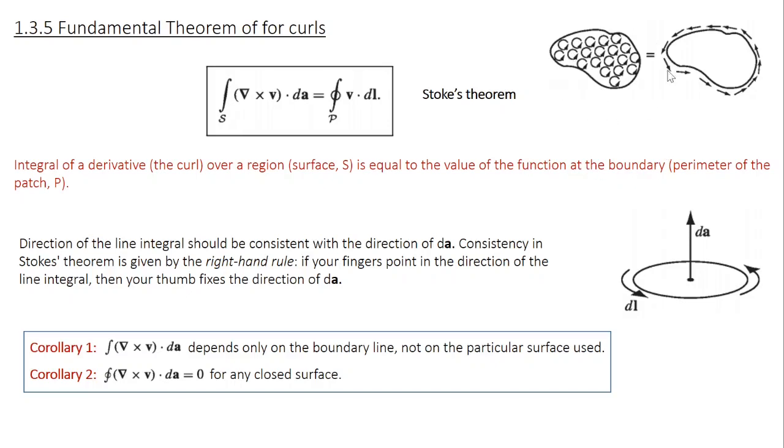So if you have a two-dimensional surface, the boundary is nothing but the perimeter P. Once again, this talks about the relation between the integral of the derivative and the boundary value of the given function. If you recollect the fundamental theorem for divergence, there we have seen that a volume integral is converted into a surface integral. Similarly, here a surface integral is converted into a line integral.